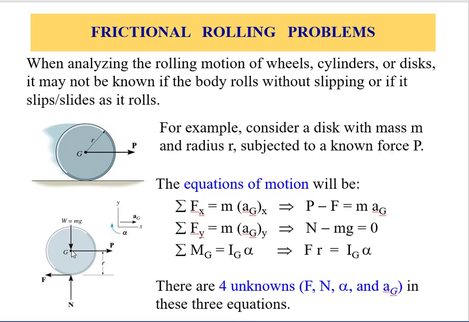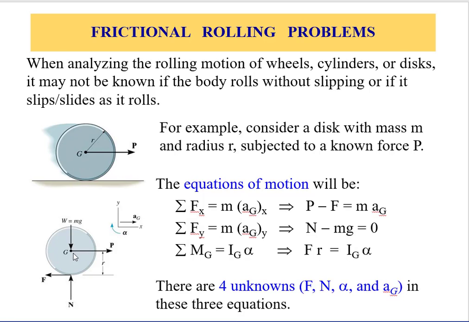Alright, so first of all, the moment of P about G is 0 because the distance is 0 from here. And the moment of the N is 0 because its distance to the normal direction is 0.